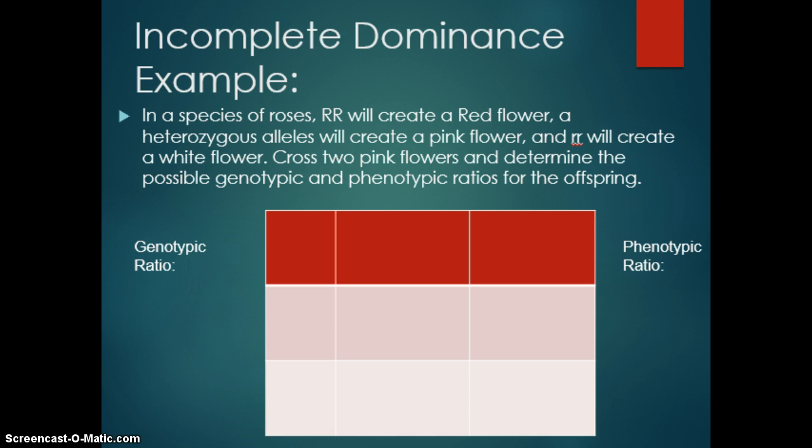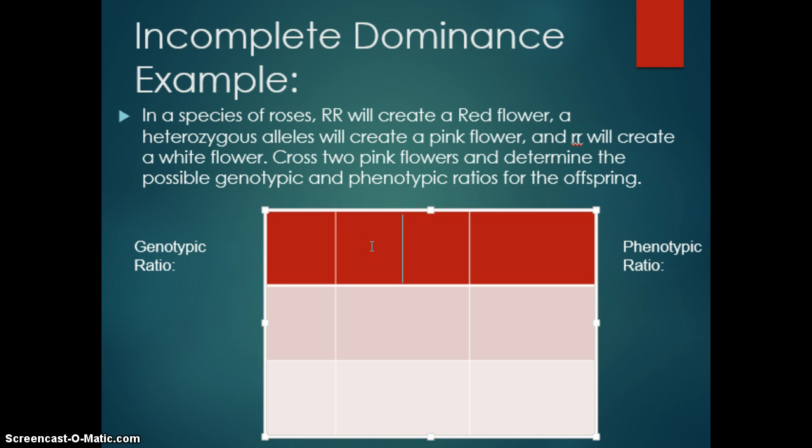So in an example species, a homozygous dominant will create a red flower, heterozygous alleles will create a pink flower, and two lowercase alleles will create a white flower. So if you cross two pink flowers, determine the possible genotypic and phenotypic ratios.